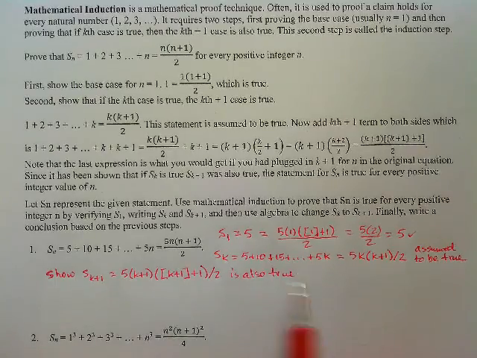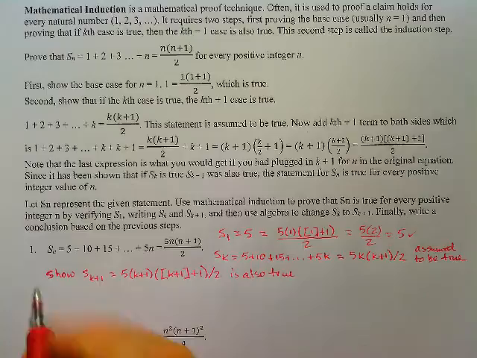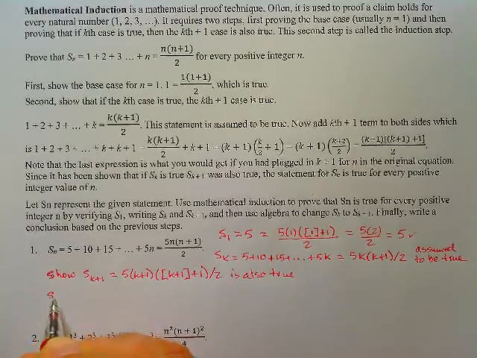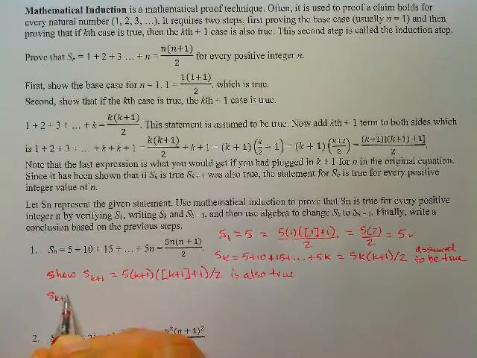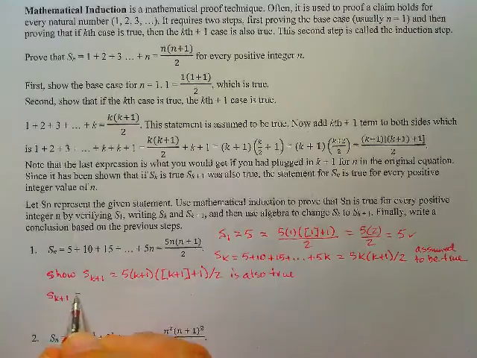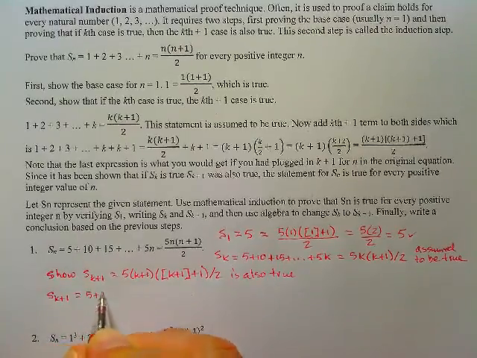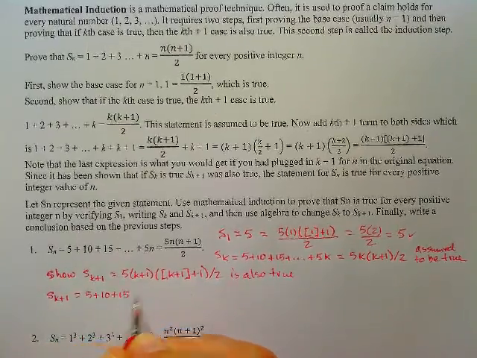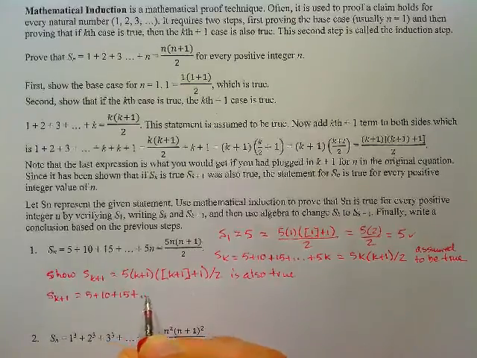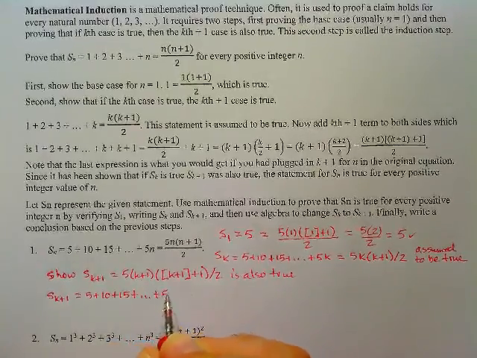So we already have our sk up here, so we're going to say then that sk plus 1 will equal 5 plus 10 plus 15 plus dot dot dot plus 5k.